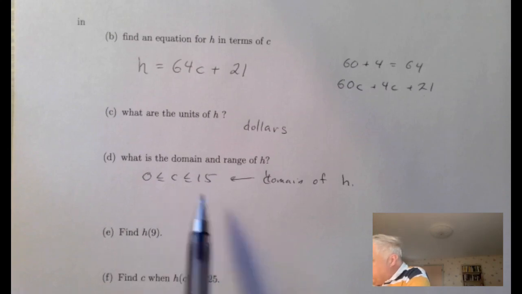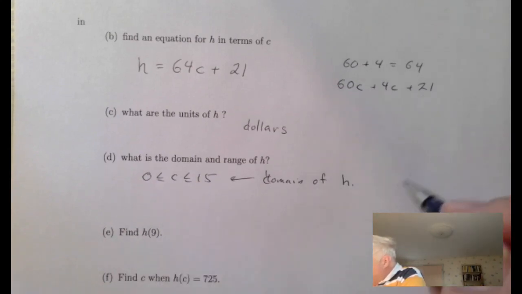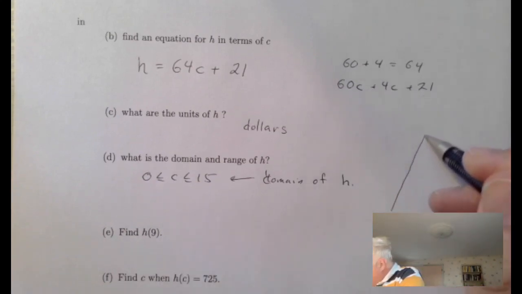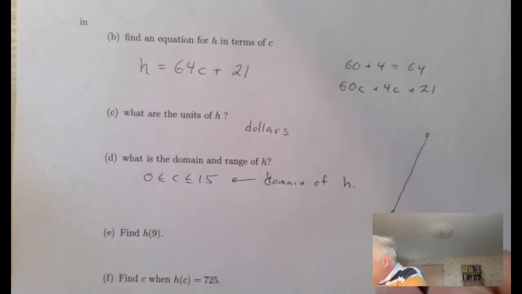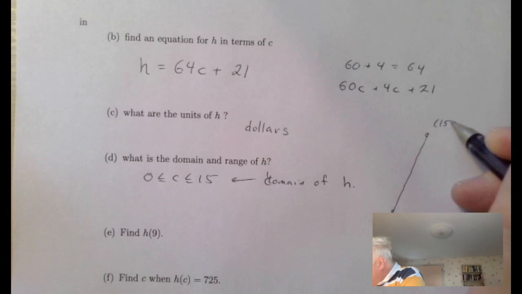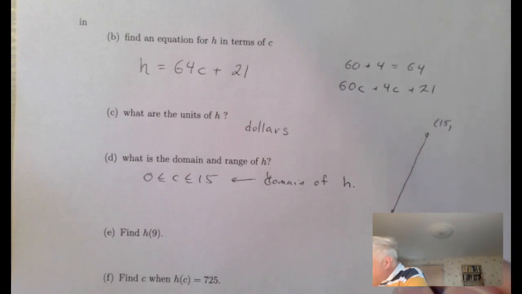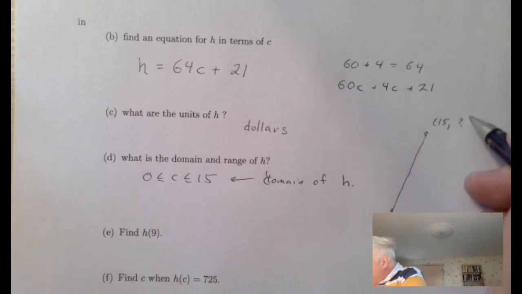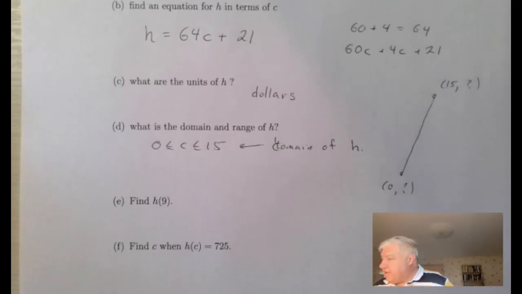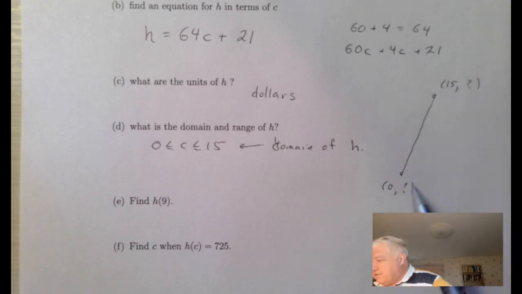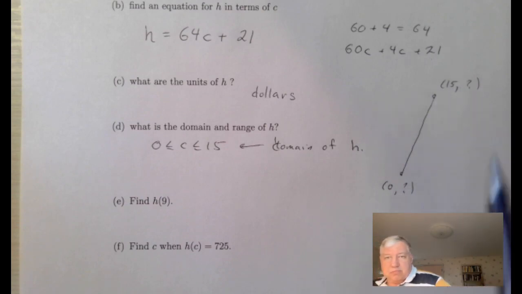Well, what is the range? Well, we have this line. Okay, here's 0 and here's 15, and whatever these y coordinates are, you can see that if C ranges from 0 to 15, then H is going to range from this number to this number.